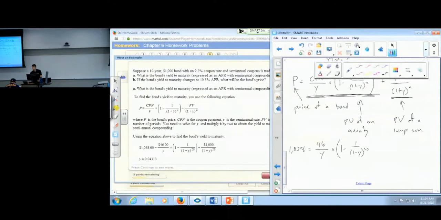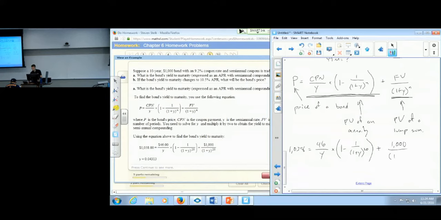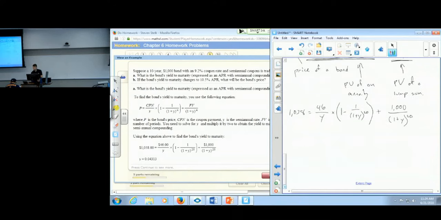We know the number of periods. We also know the face value, and that's divided by 1 plus y raised to the 20.